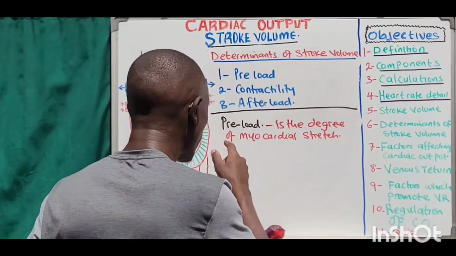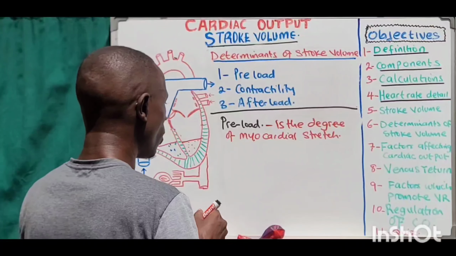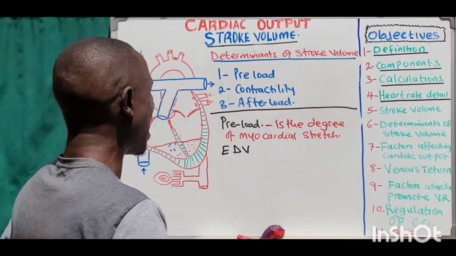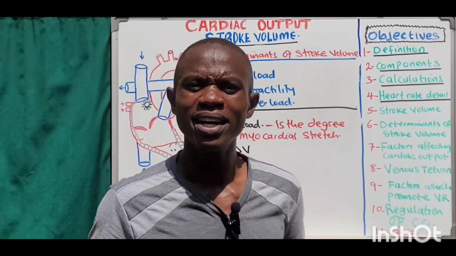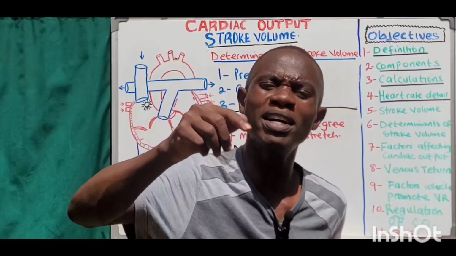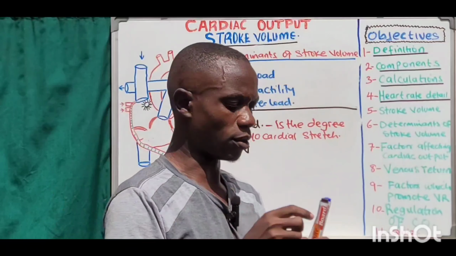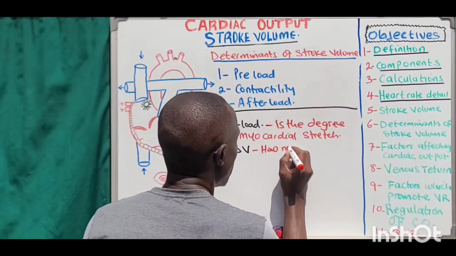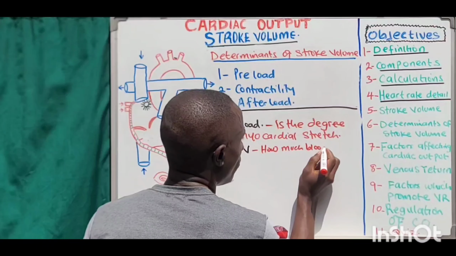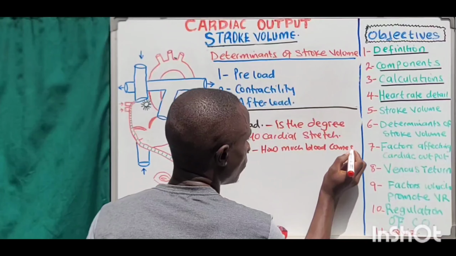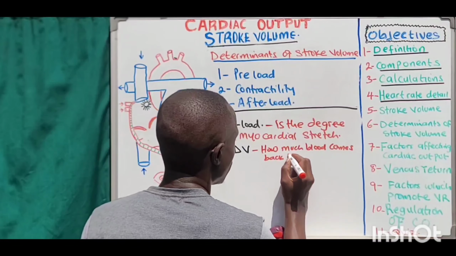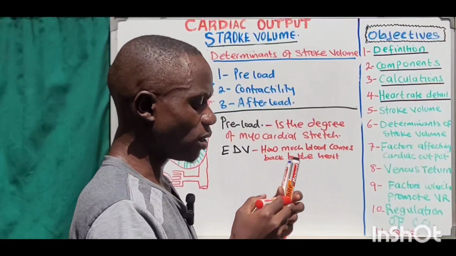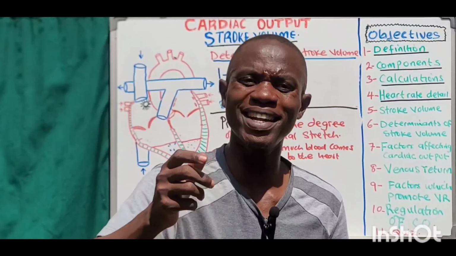Of course, this end diastolic volume depends on how much blood comes back to the heart, and this blood which is coming back to the heart is what we call venous return.